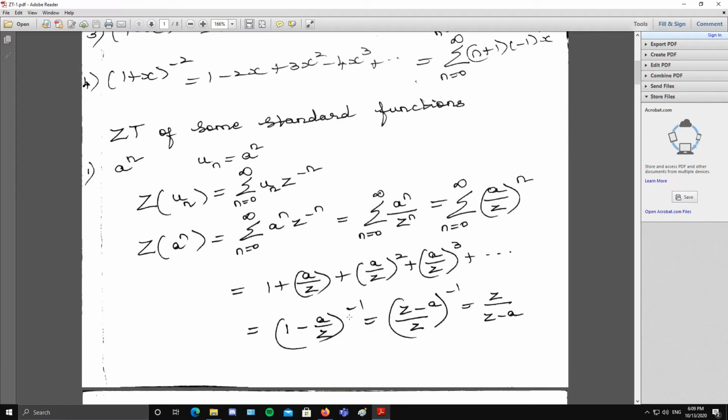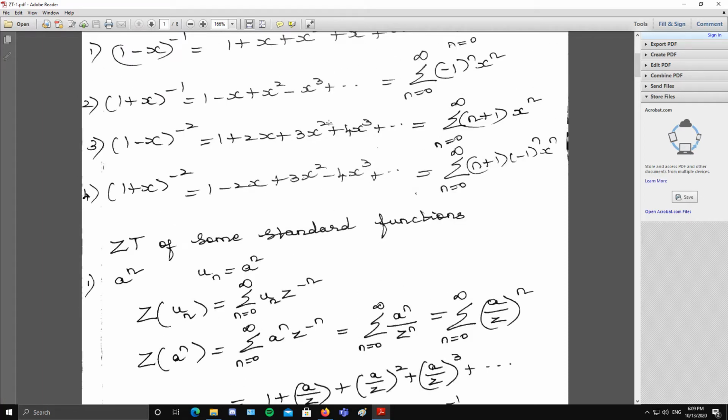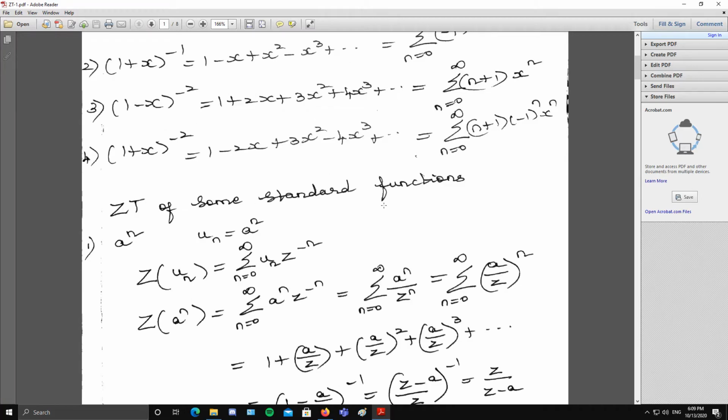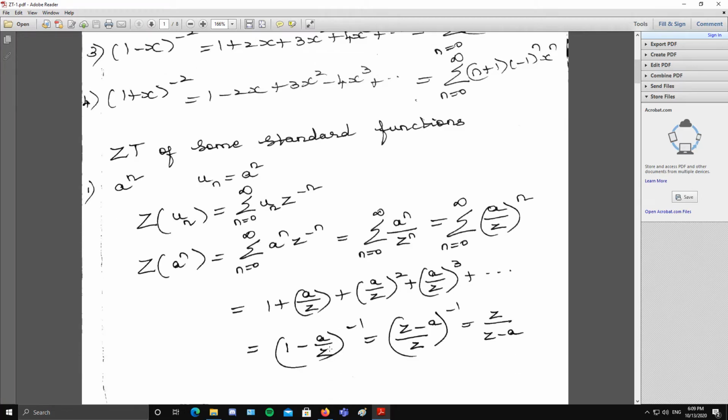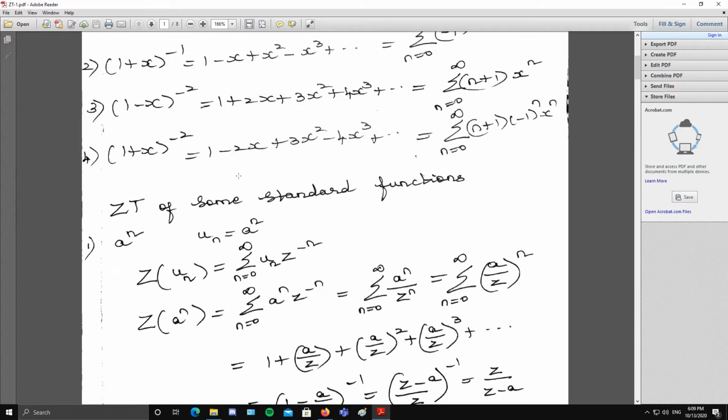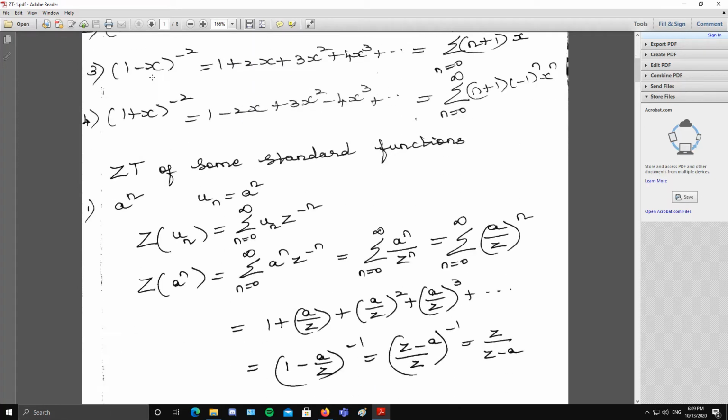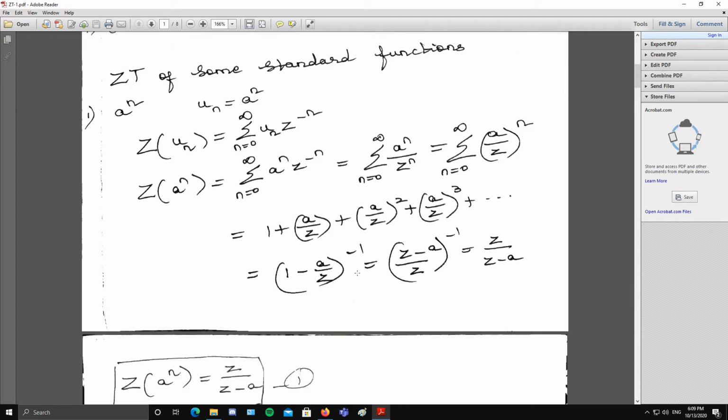So you have (a by Z)^n. Expand the summation. If n is 0, 1. If n is 1, a by Z. If n is 2, (a by Z) square. If n is 3, (a by Z) cube, plus etc. So it is of the form 1 plus x plus x square plus x cube plus etc. That is (1 minus a by Z) inverse, same as (1 minus x) inverse, or (Z minus a by Z) inverse.